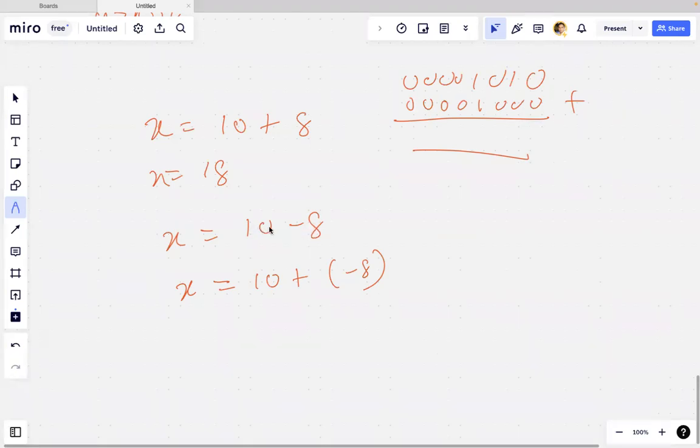That means 10 subtract 8, it rewrites this one. 10 is 0 0 0 0 1 0 1 0, and the minus 8 is again rewritten. Minus 8 means 2's complement notation. Let's say minus 8 is 1 1 1 1 1 0 0 0, whatever the value. Minus 8 ජාගට දන්නවනේ.